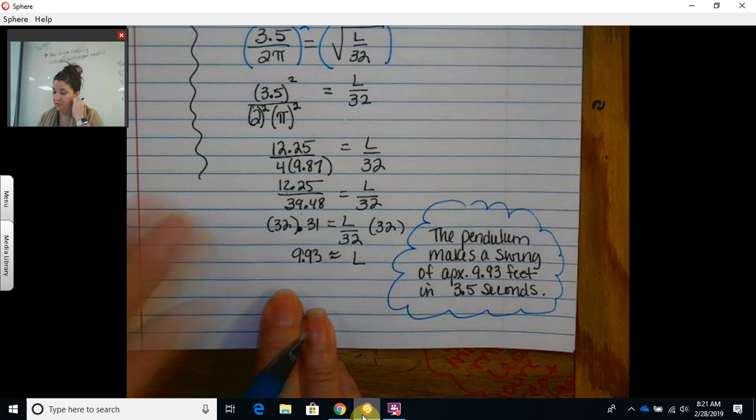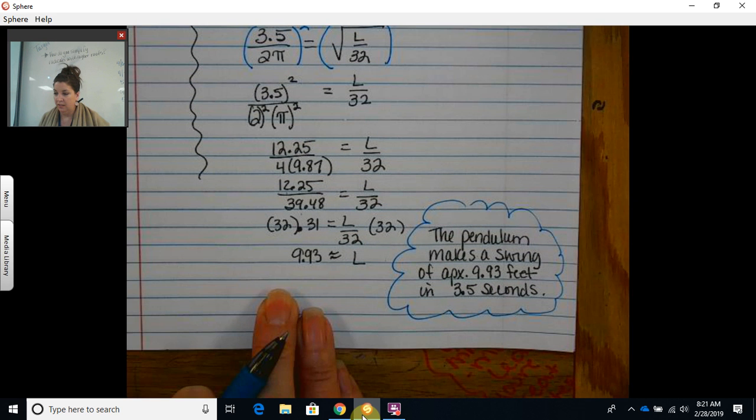Again, if I wanted to take my original formula for seconds and convert it into a formula for length and then plug in the 3.5 and solve that way, I could do that as well. The steps you would see would be very similar.